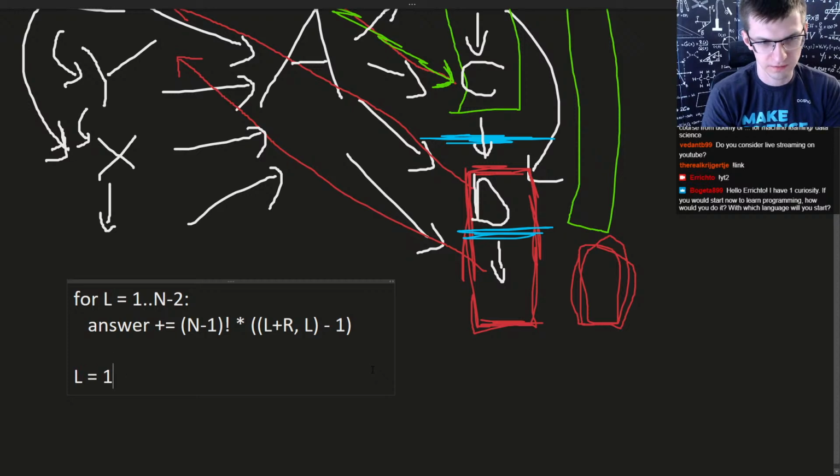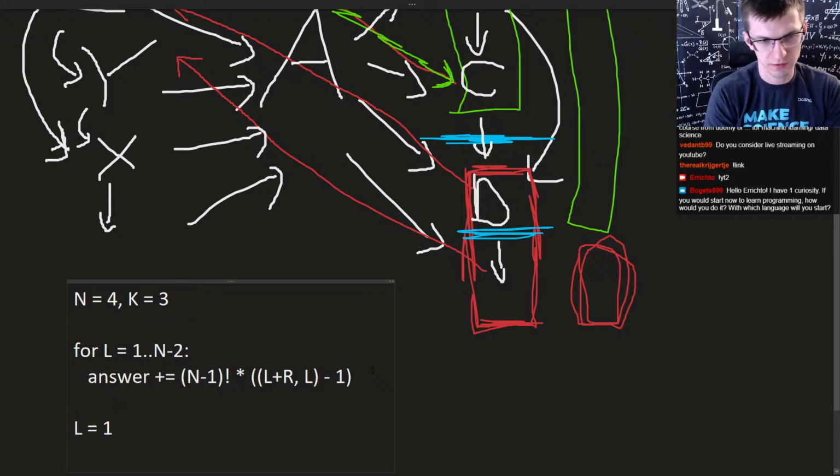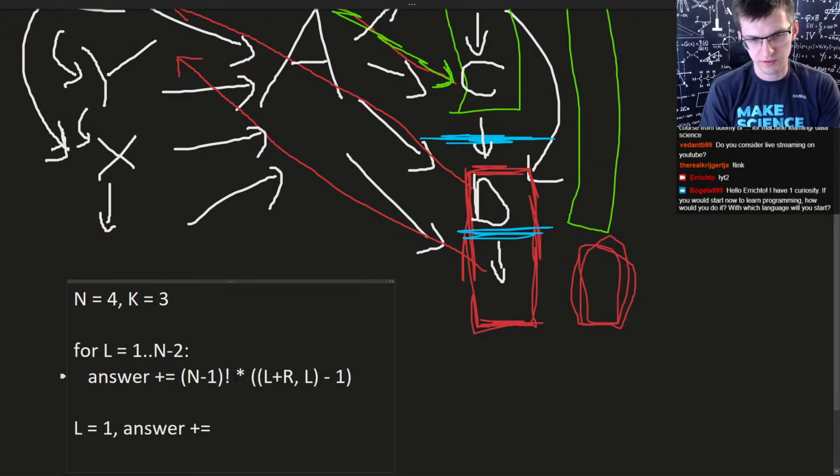If L is 1, then we have n, by the way, n equal to 4, k equal to 3. For L equal to 1, answer plus equal 3 factorial, that's 6. Those are binomial coefficients.